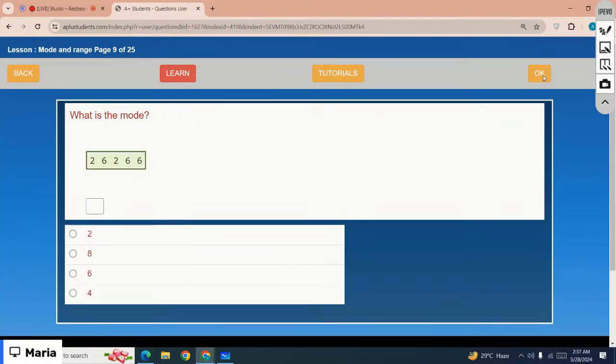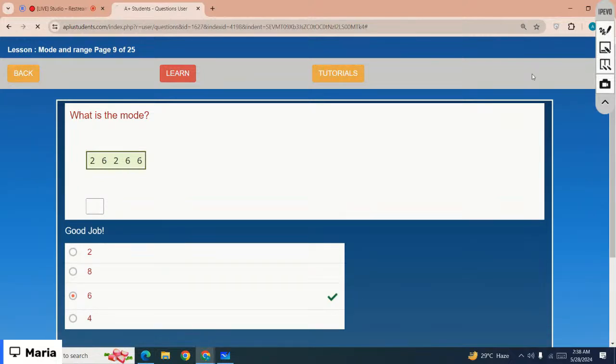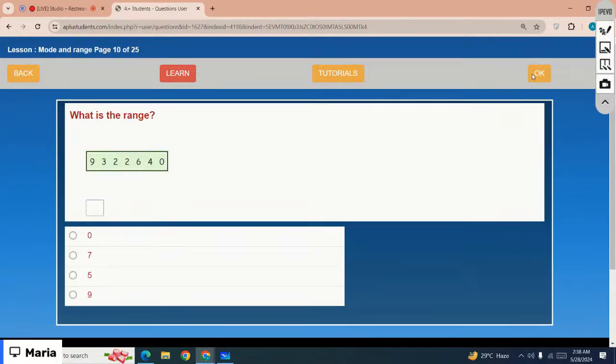What is the mode? Which is the correct option? The correct option is 6. What is the range?